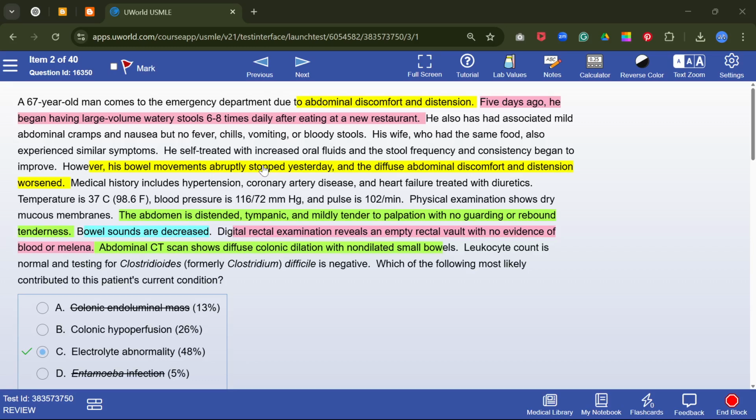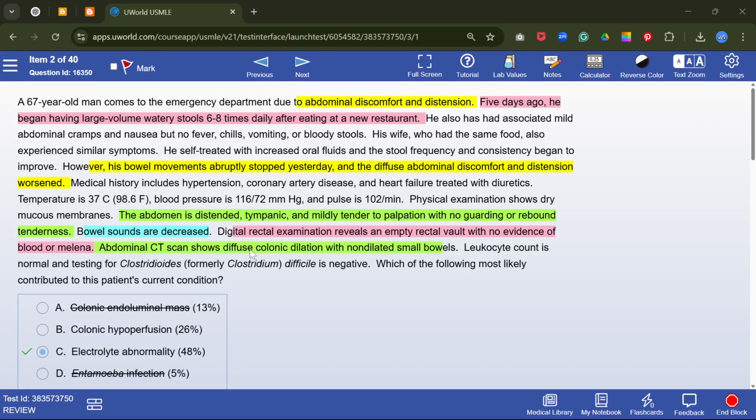After this loose motion episode, his bowel movements abruptly stopped yesterday, and the diffuse abdominal discomfort and distension worsened.